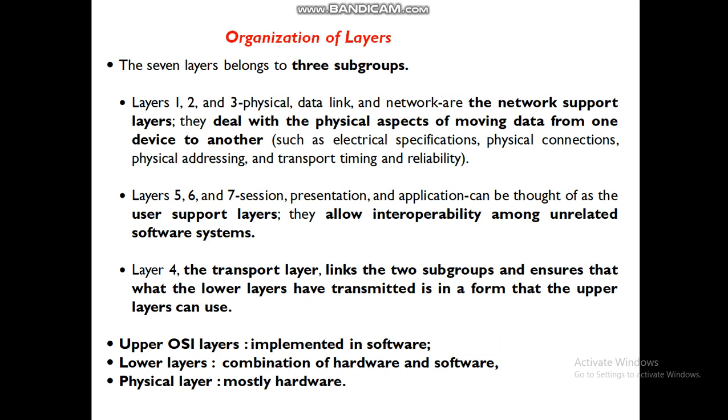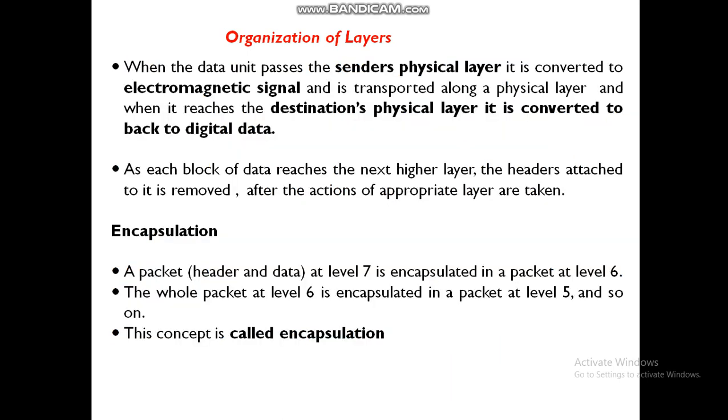The intermediate layer, the transport layer, links the two subgroups and ensures that what the lower layers have transmitted is in a form that can be used by the upper layers. That is, the transport layer makes sure the communication between the upper layers and the lower layers is in the proper format or not.